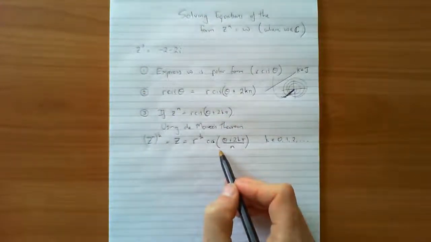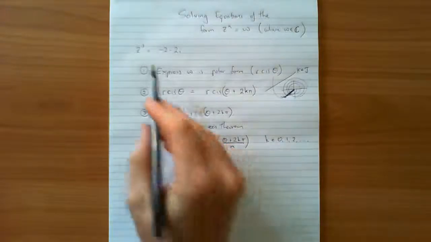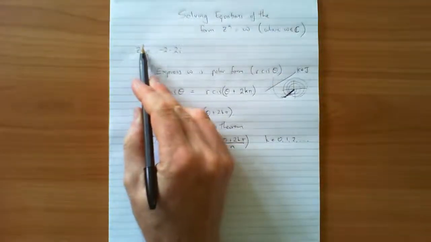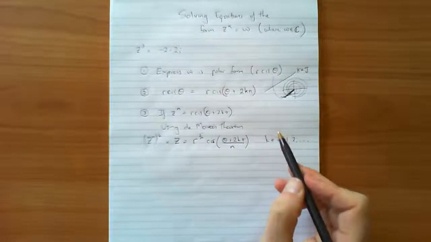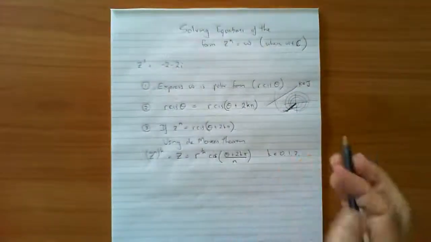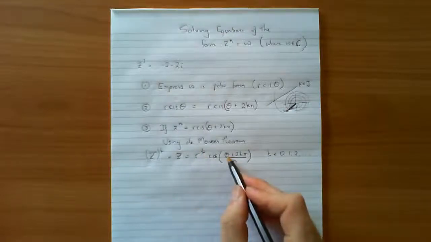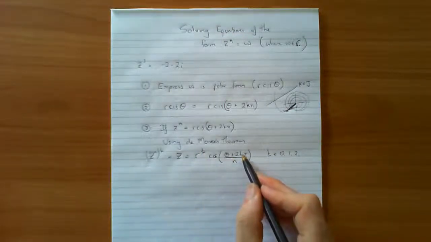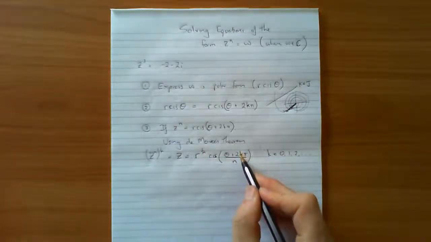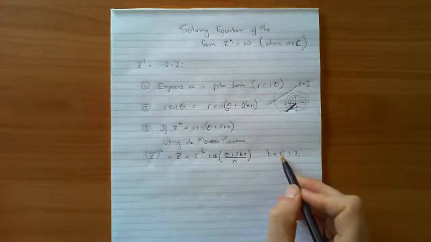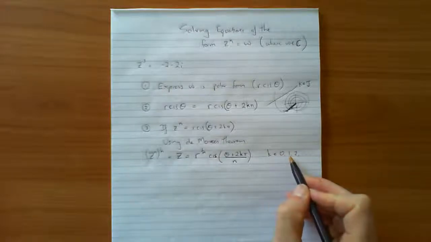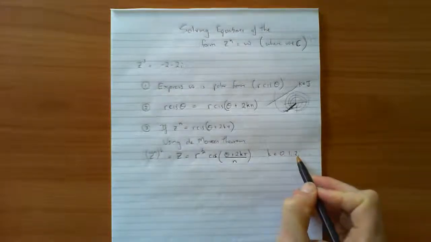Now how will we get our three solutions? Theta isn't going to change, but our three solutions come from different values of k that we put in here. k could be equal to 0, 1 or 2.